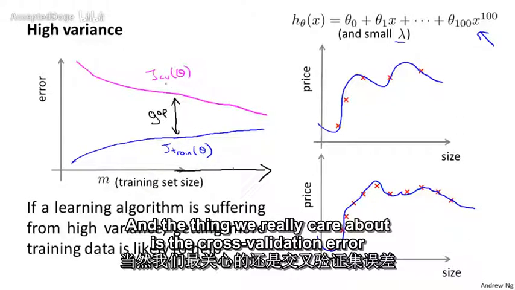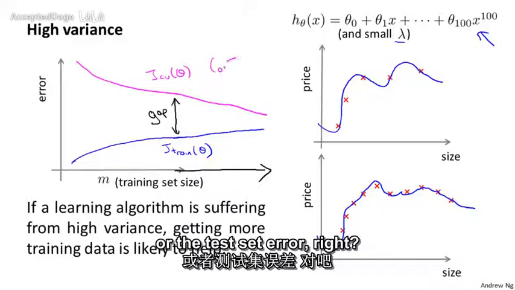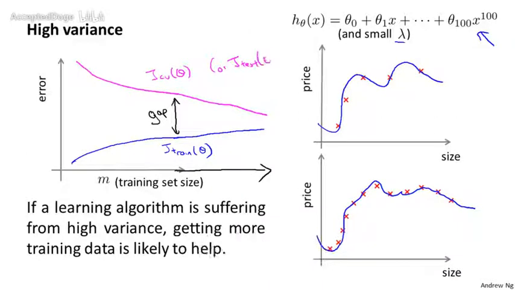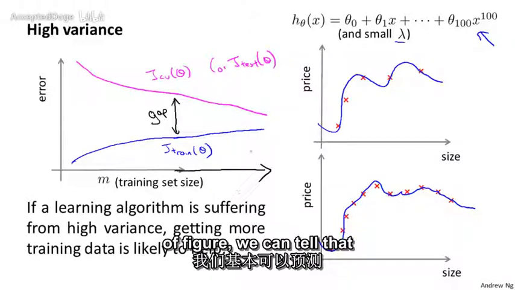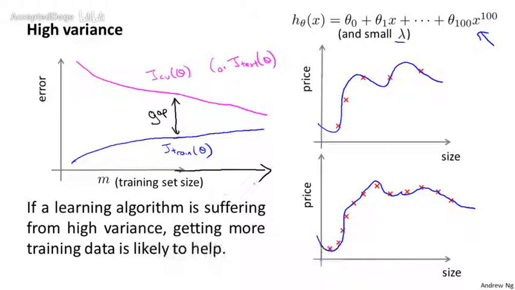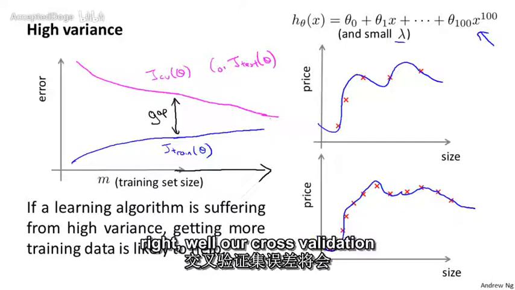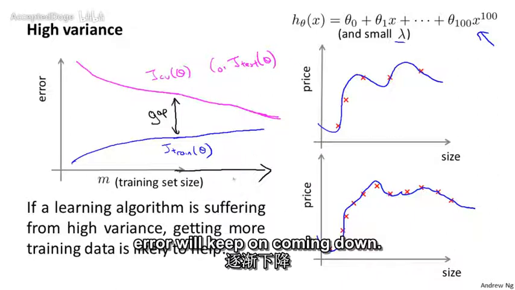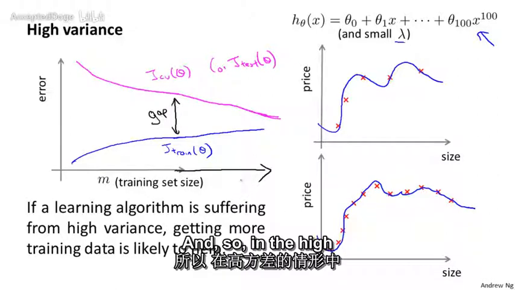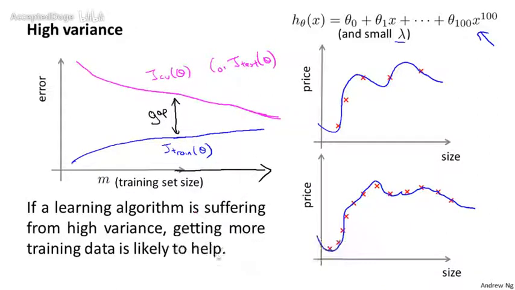And the thing we really care about is the cross-validation error, or the test set error, right? And so in this sort of figure, we can kind of tell that if we keep on adding training examples and extrapolate to the right, our cross-validation error will keep on coming down. And so in a high variance setting, getting more training data is indeed likely to help.